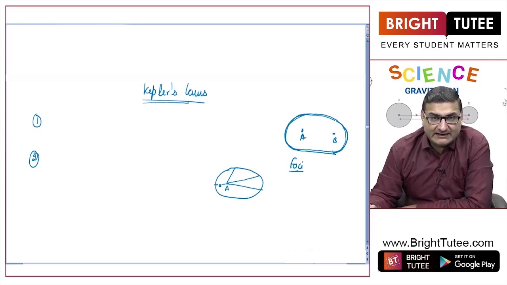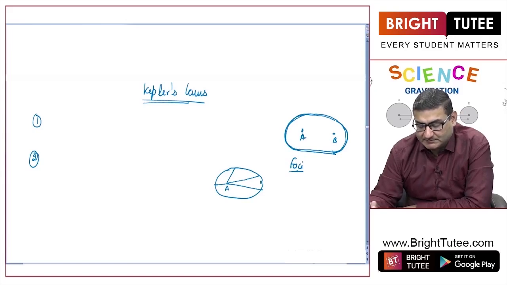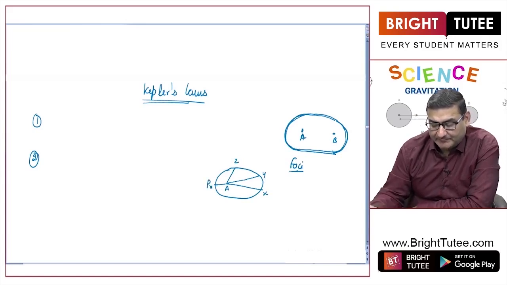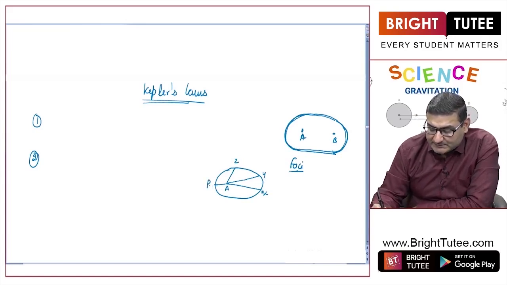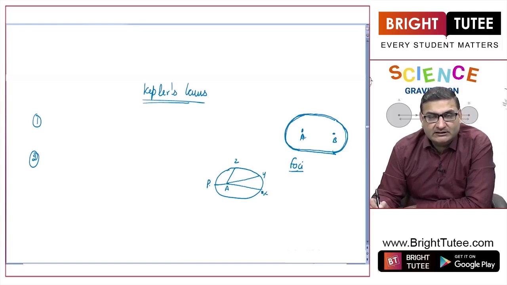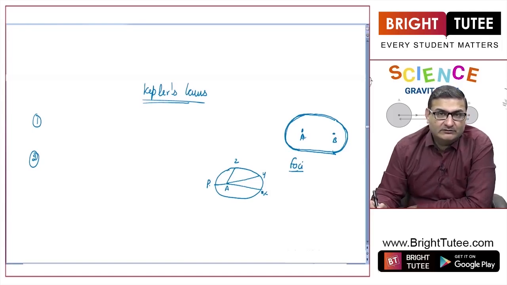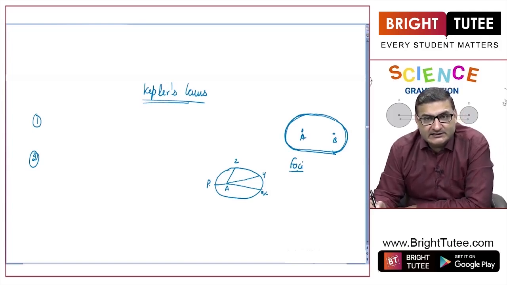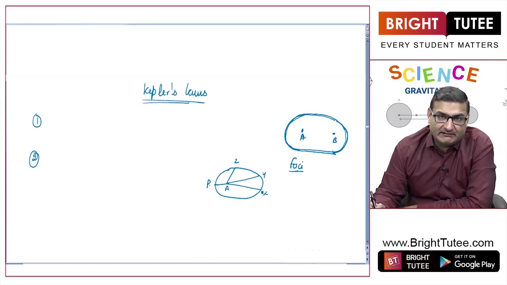Let us take it with an example, because you will not be able to understand just by the theoretical explanation. Let these points be x, y, z and p. Now, this particular planet is not actually revolving around the sun at one particular speed. It is changing its velocity, it is changing its speed.